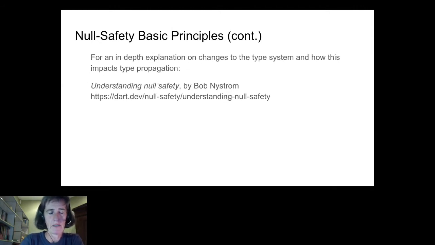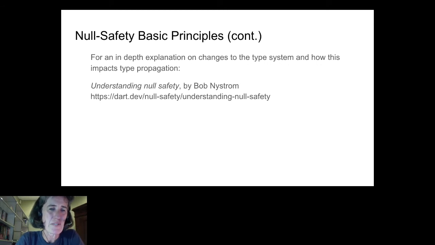There are a few more cases and interesting scenarios, and especially some funny implications on the type system. For that, I don't have time to go into here. For the complete details, I really recommend the article Understanding Null Safety. If you go to the official Flutter documentation, they have a section on migration, and they explain in a page or two what it is and what you need to do.